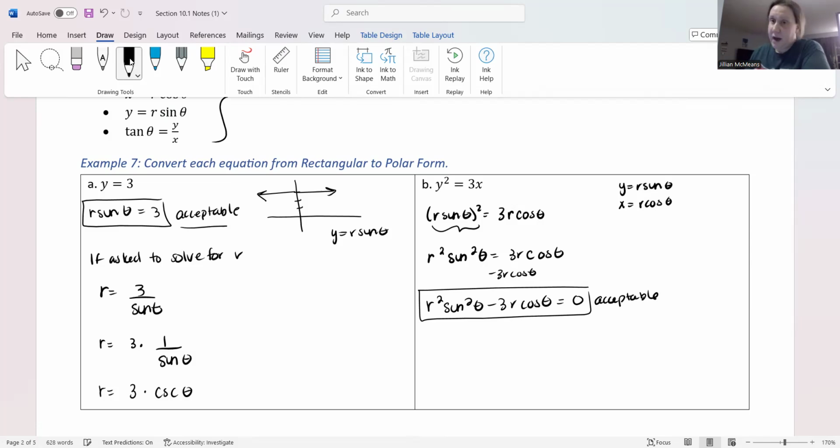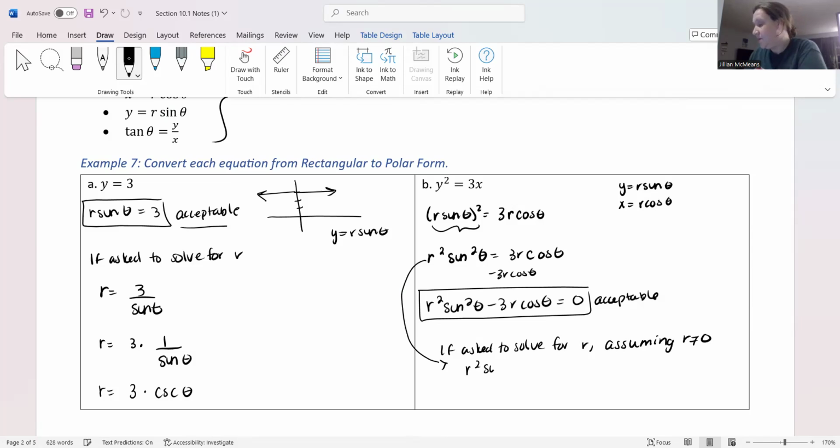Now, if asked to solve for r, it's a different critter. So if asked to solve for r, assuming r is not equal to 0, you have to be told that, okay? We would go right back here and we would say, okay, we have r squared sine squared theta equals 3r cosine theta. We could divide both sides by r. So divide everything by r.